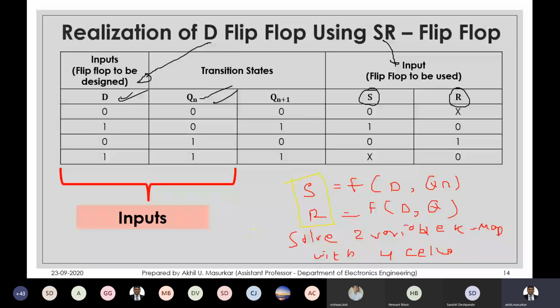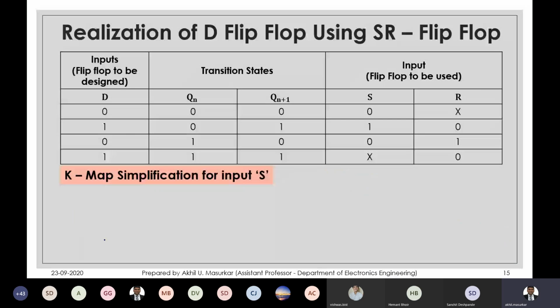Okay, so let's see the K map. So here this is pretty simple. Here we have 0 0 and there are no don't care conditions also. So it's easier to see. 0 0 S is 0. Then 1 0 S is 1. 0 1 S is again 0.